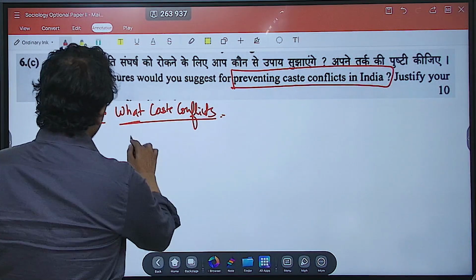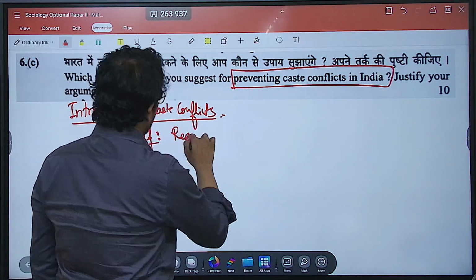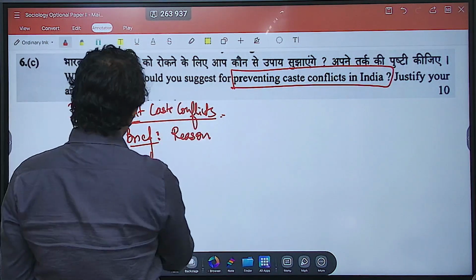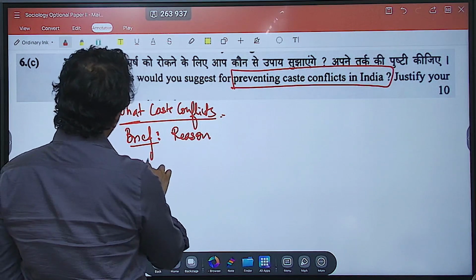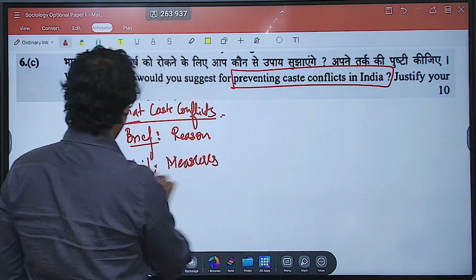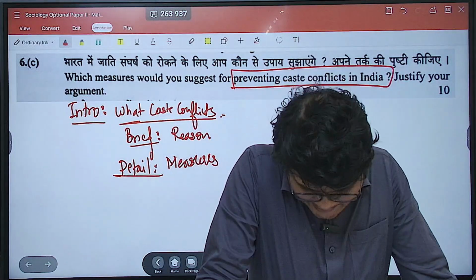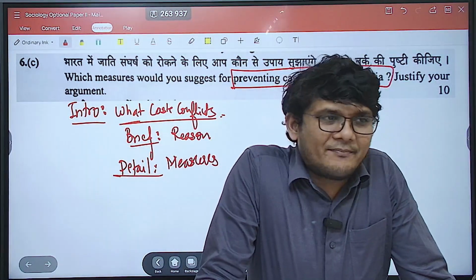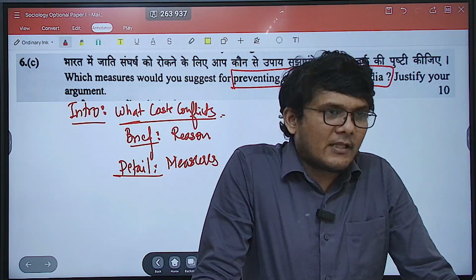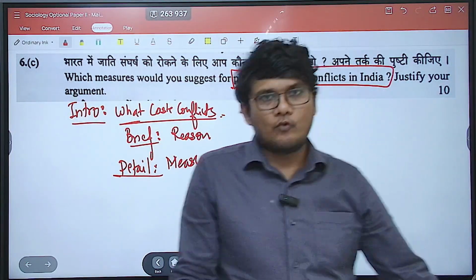And in brief you are going to talk about the reason for the caste conflict, and then in detail you are going to talk about the measures. So in brief would be the disparity that is there, the upper caste, lower caste, the antagonism that is there, the difference in the mobility level or the status level in the society, because of which the castes are antagonistic to each other. You will be mentioning that.